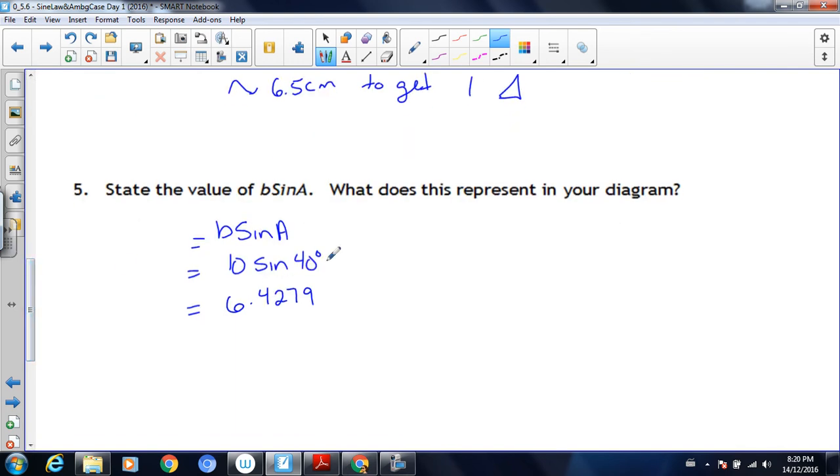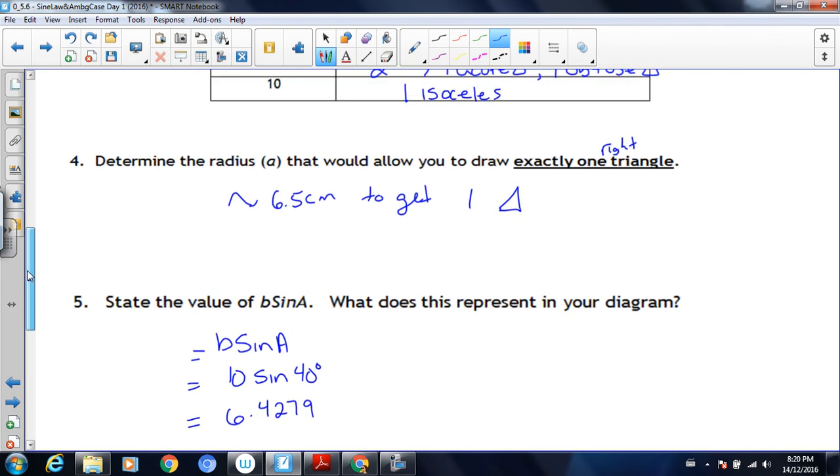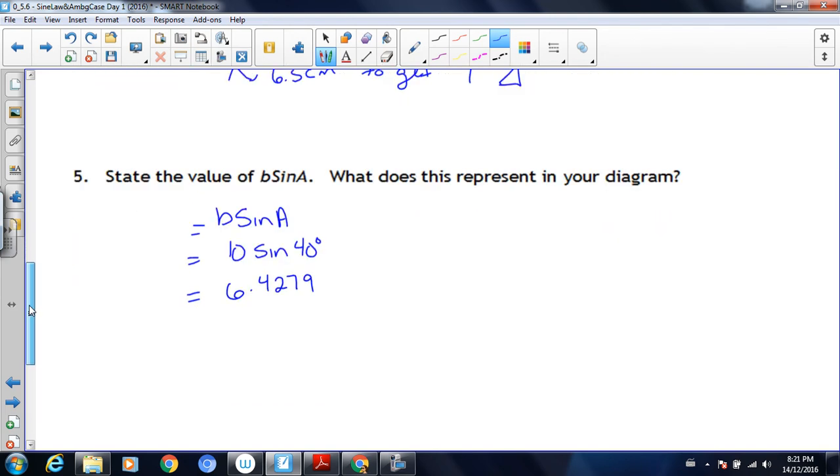If that's close to this, what did this represent in our diagram? Well, this actually represented, when I drew that straight line to come up with a right angle triangle, my height of my triangle. Remember my triangle was like this, and you had the dotted line. This was 40 degrees. This was 10. This right here is your height of the triangle.